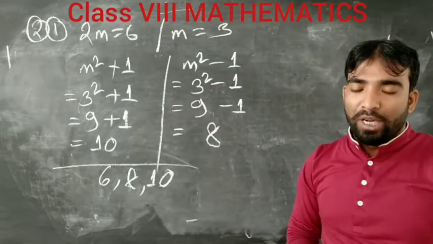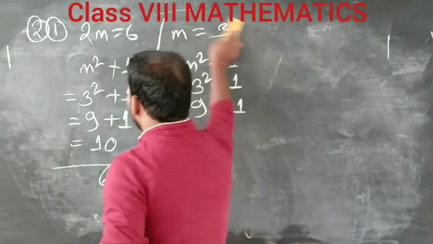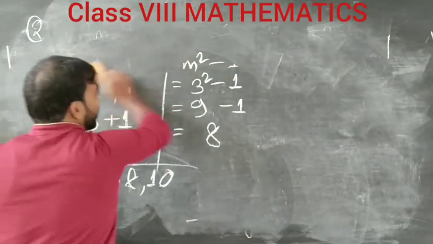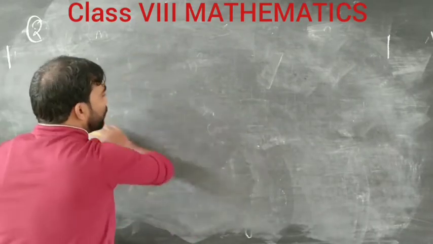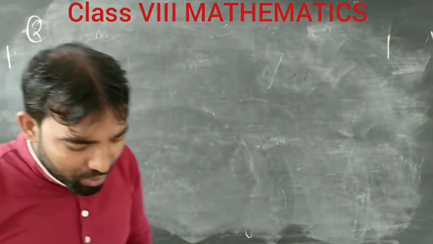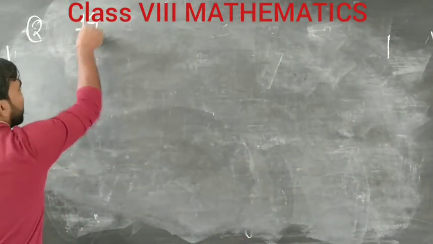How to find out the Pythagorean triplet? One more example we can take. Suppose in sub-question 2, what is given? 14. Whose one member is given 14?